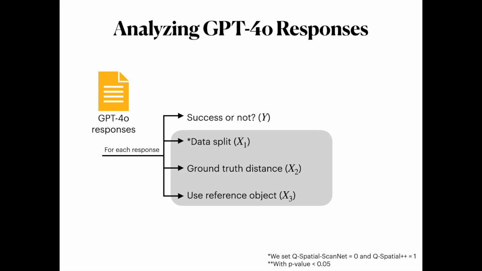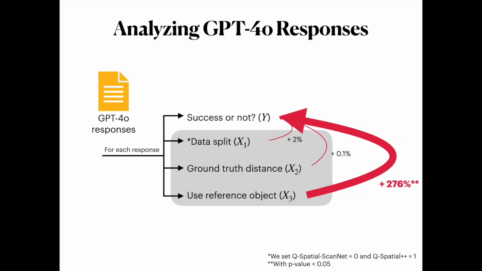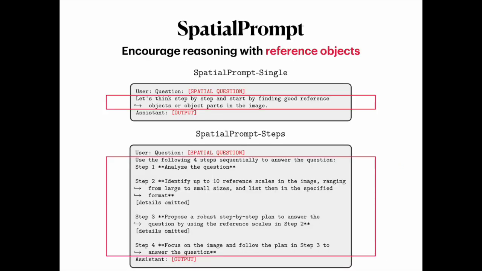By using the success of each response as target, we fit a logistic regression model on them. We find that the first 2 variables affect the success variable very little. In contrast, using a reference object in the response increased the odds of success by more than 250% in a statistically significant manner. Inspired by this, we propose Spatial Prompt that encourages VLMs to reason with reference objects.